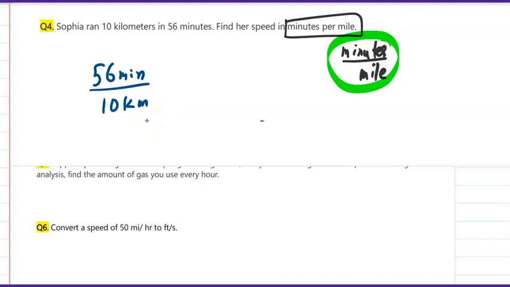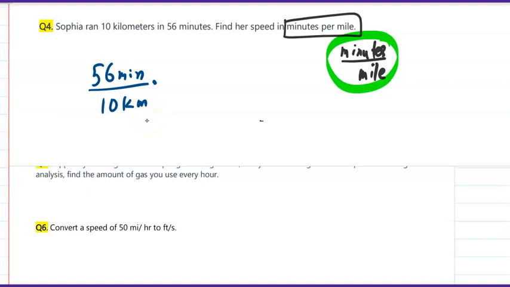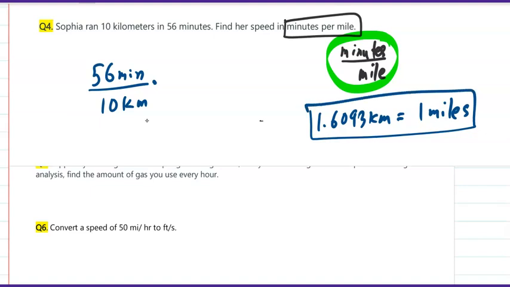And you're going to have this conversion factor, which is 1.6093 kilometers equals 1 mile. Okay, that's the conversion factor, and you use this to multiply this fraction to get miles in the bottom.